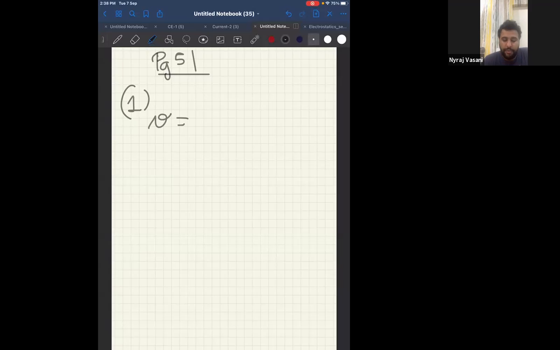Now, what is the general formula for velocity? General formula for velocity is plus or minus omega root of a square minus x square. But they have given a condition that my displacement is a by 2. Now, I have to get the answer for velocity by substituting x is equal to a by 2.